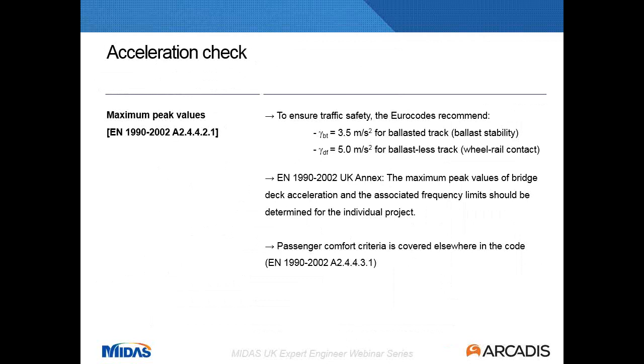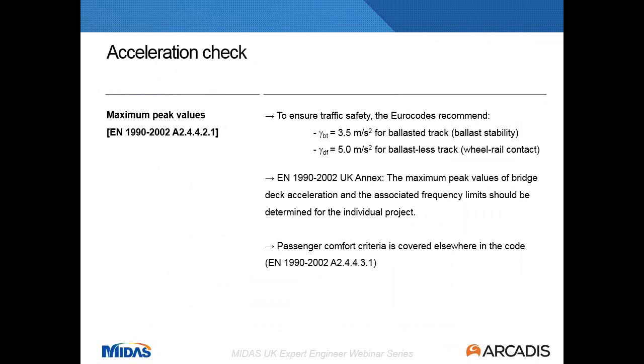If your track is on ballast, the maximum acceleration that you can allow in your deck is 3.5 meters per square second. And that's to make sure that you don't have any problems with the stability of your ballast. That's basically the 0.7 g that we have seen previously with a factor of 2.